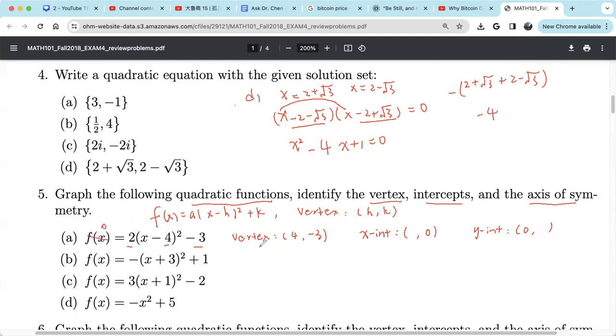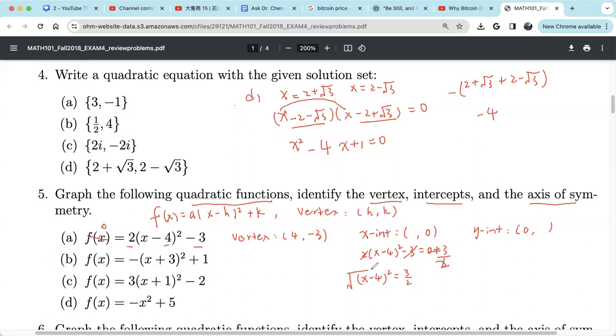So we have 0 equals 2 times x minus 4 squared minus 3. Then we move 3 to the other side, becoming plus 3. Then we divide by 2 on both sides. So we get x minus 4 squared equals 3 over 2.